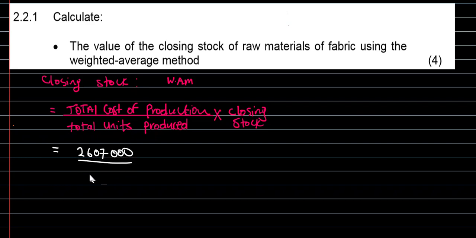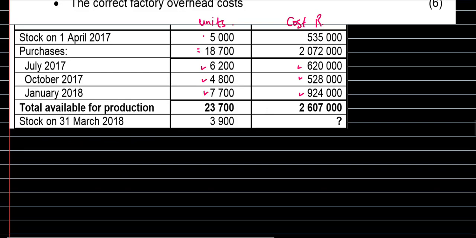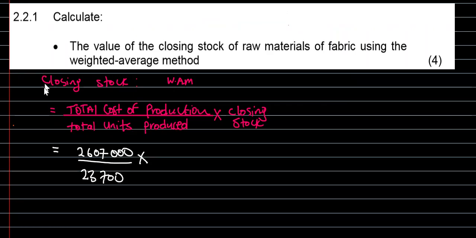You just divide that money by 23700, then multiply it by the closing stock. The closing stock we've been given is 3.9, so we multiply by this 3.9. Let us put it there in our calculations. This must appear here, 3,900 rand. So this is the closing balance. Now we are going to see how much money we are going to have there.